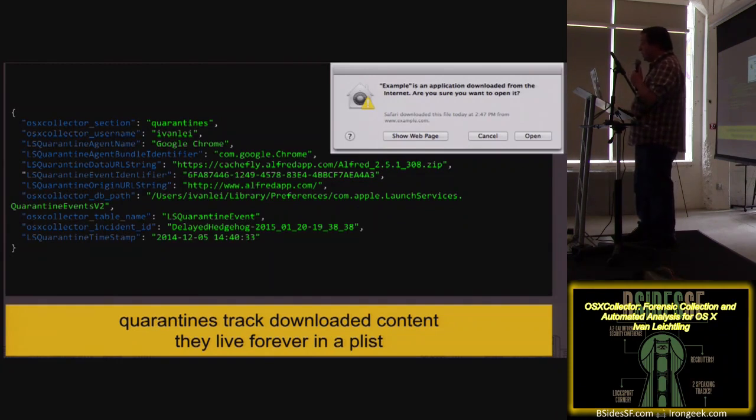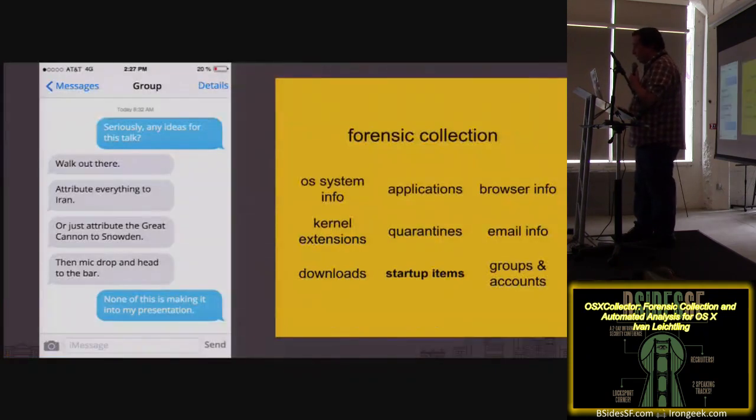This is a simple example. It says Google Chrome downloaded Alfred, and I know about it. It happened at this timestamp. So if you're trying to figure out how this weird DMG got onto the machine, it's in the quarantines probably, and that's just some plist, and we just converted it to some JSON, and the whole world gets a little happier.